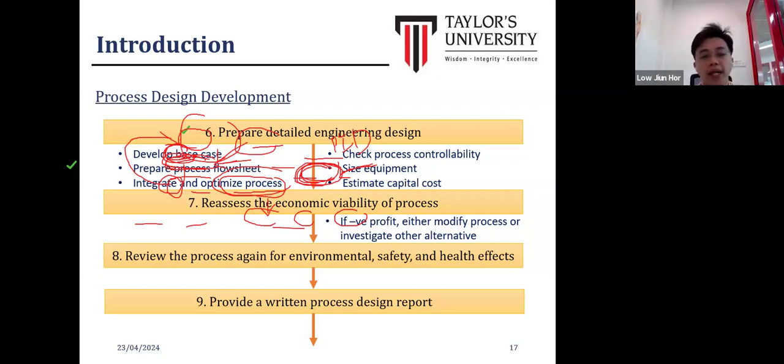Okay, once you are done with step number 8, then we can proceed to step number 9, to come up with a very complete process design report.